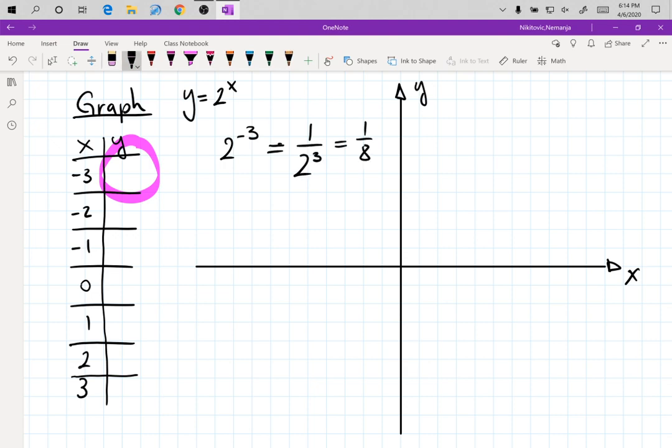And 2 cubed is 8. So we have that the first value is 1 over 8. Alright, so now we'll have to use more algebra. So when the number is -2, then that's 1 over 2 squared. 2 squared is 4, so 1/4. Then when the number is -1, that's just 1/2.